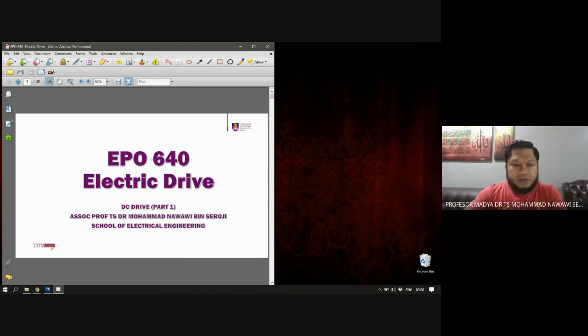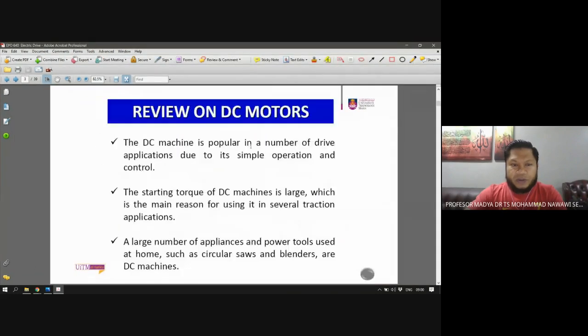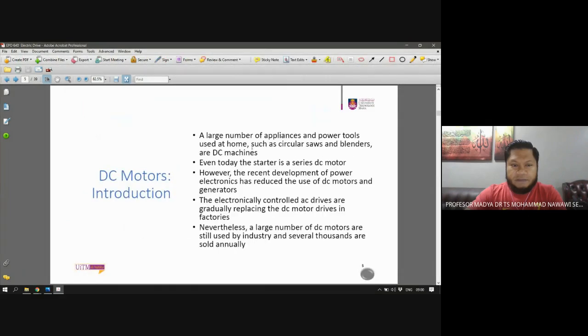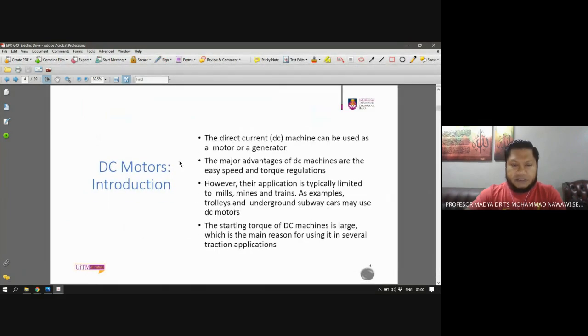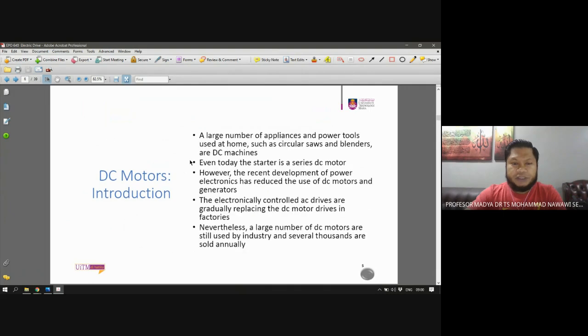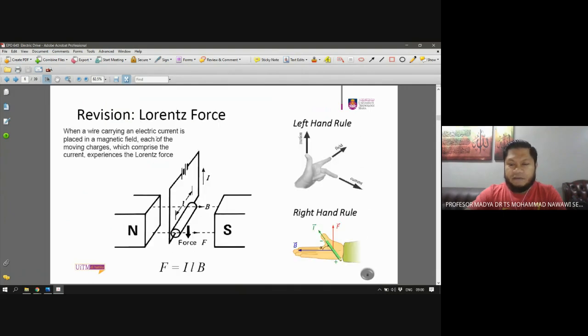Okay, so EPO 640, this is the new file that I shared with you. This is the same, and then I put some extra additional notes here. DC motor introduction, then some fundamentals and how the DC motor works, and it is always based on the Lorentz force.